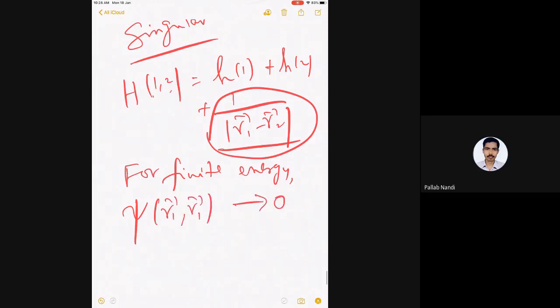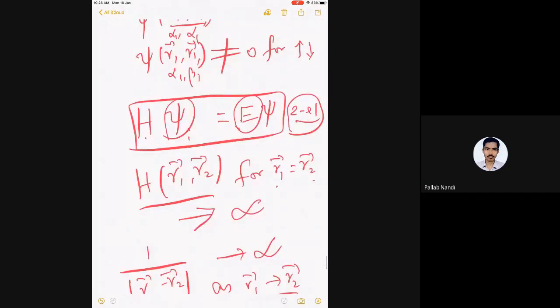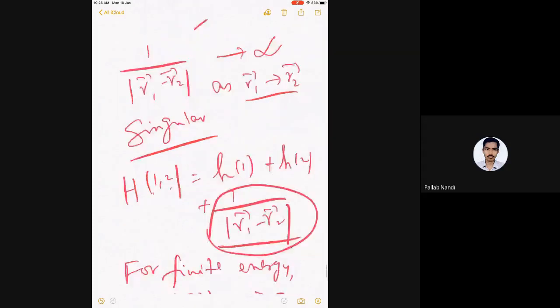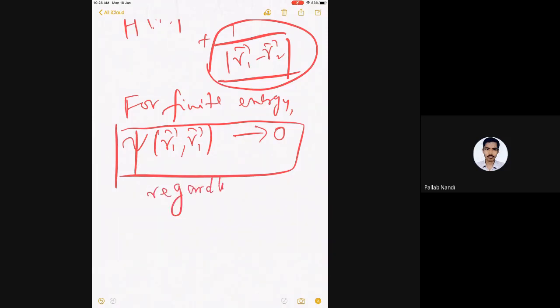That's the only possibility, because the Hamiltonian is singular. Unless psi is 0, the energy will become infinity. So this is a fundamental point, and this is important, regardless of the spin.